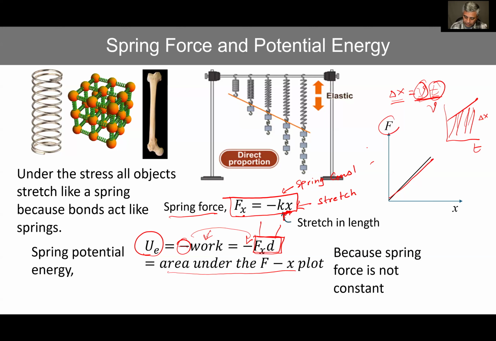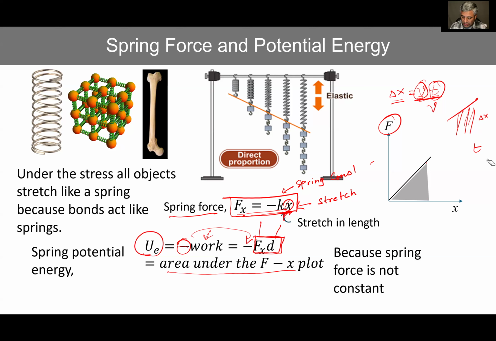We are plotting force and x, and they are related by Hooke's law, which means it's always a straight line, never going to be something like that, as long as it is within the elastic limit. So that means the area under this is always going to be a triangle. So we need to find just the area of a triangle.